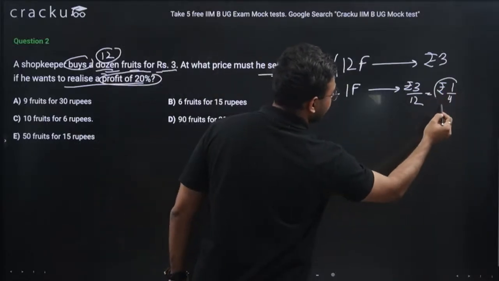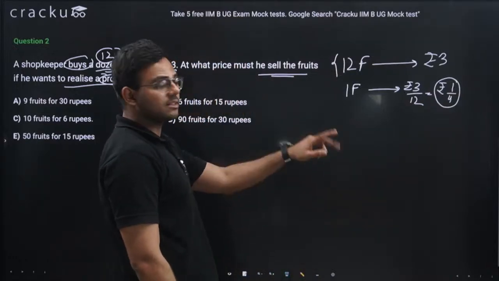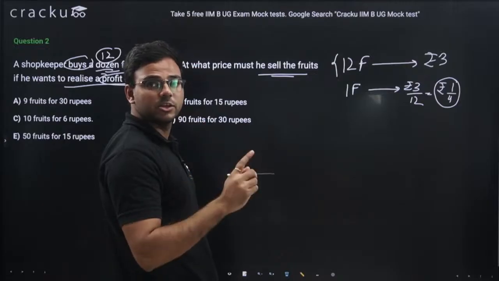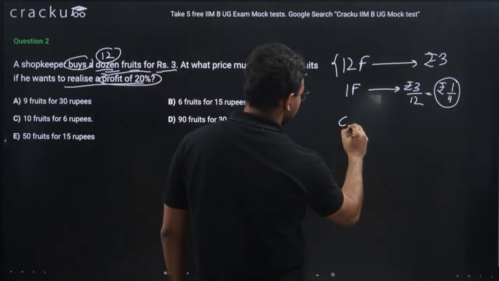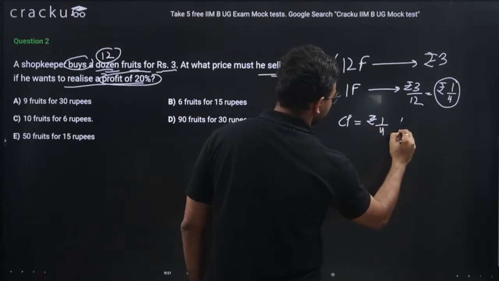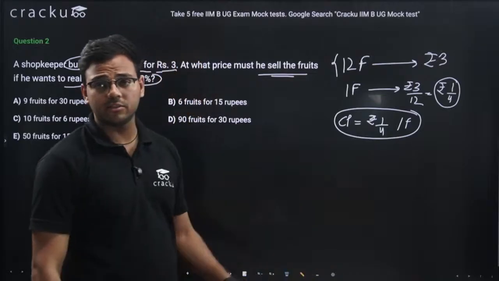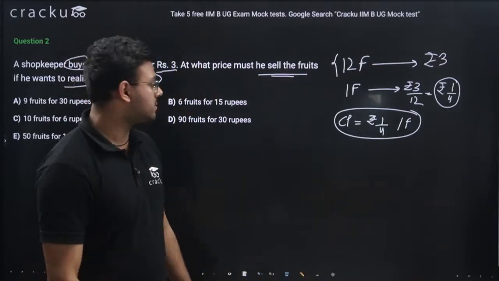So this rupees 1 by 4 is the amount paid by the shopkeeper for each fruit. This is the cost price. So cost price is rupees 1 by 4 per fruit.